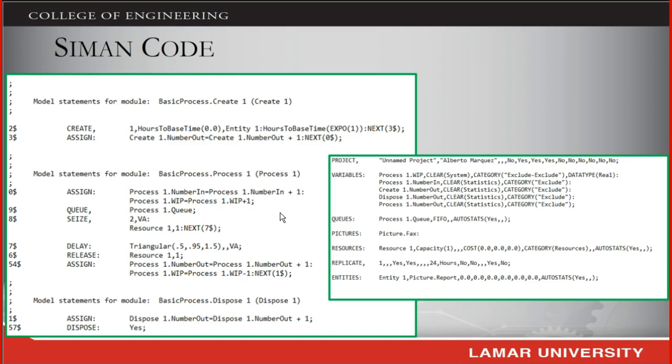It used to be that if you wanted to create a simulation program, the simplest one would look like the ones you have on the screen. You would have to define your processes with create, assign, and queue, and all these reserved words. You also needed to define the entities and their nature in a separate file, and you needed to compile both and then link them in order to execute.